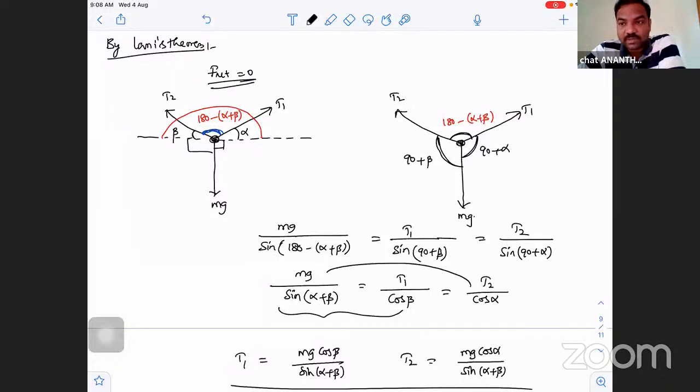Lami's theorem heading is there. Final answer is there. Total solution is there on the screen. Okay, finished.